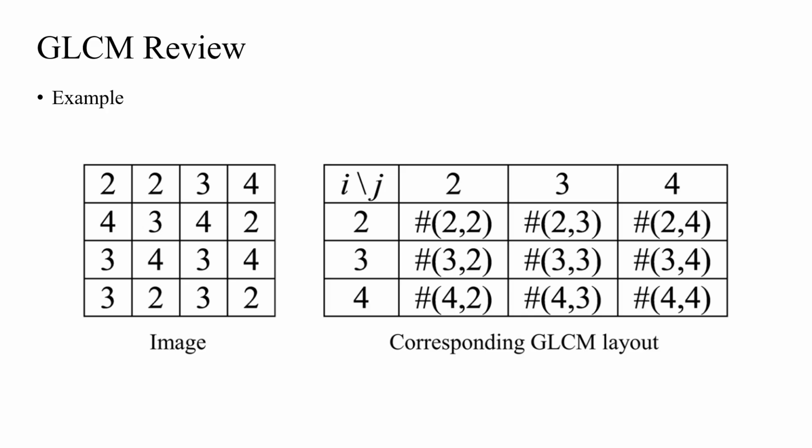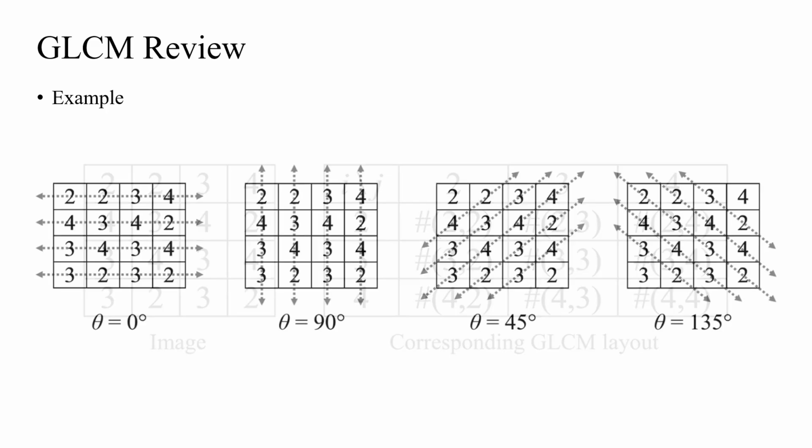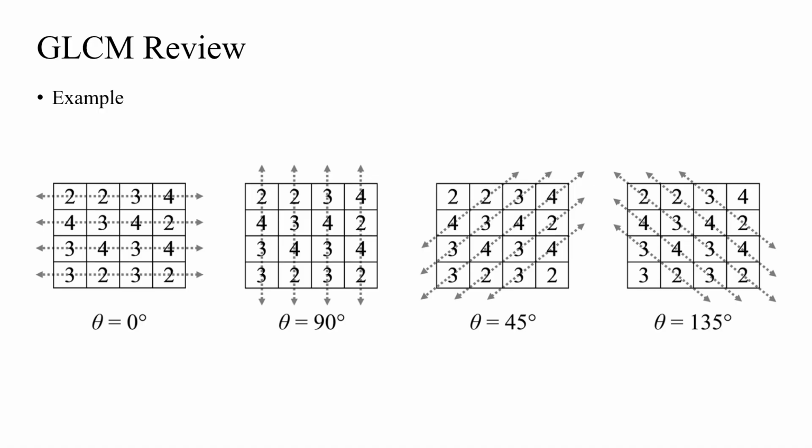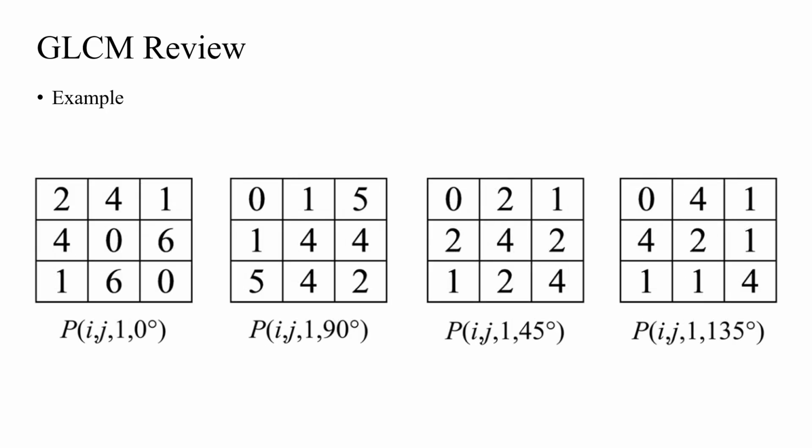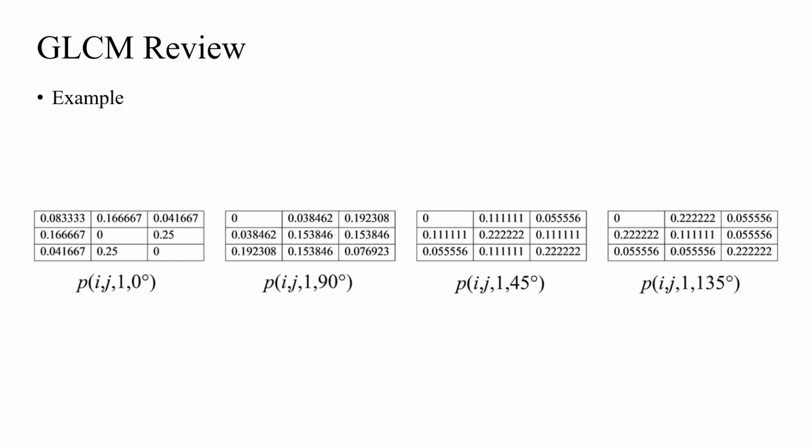Depending on the scanning direction, as well as pixel displacement, which is assumed to be 1 here, we can generate different GLCMs from the image. Here are 4 scanning direction scenarios for generating symmetric GLCMs, where each scenario involves 2 opposite scanning directions. And here are 4 symmetric GLCMs constructed based on the scanning directions.